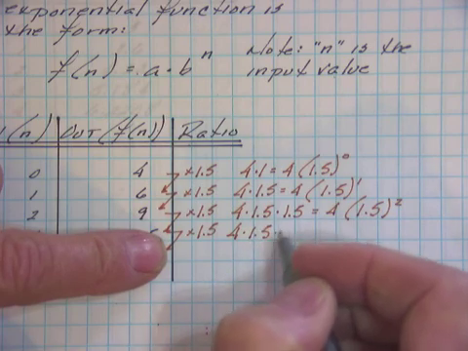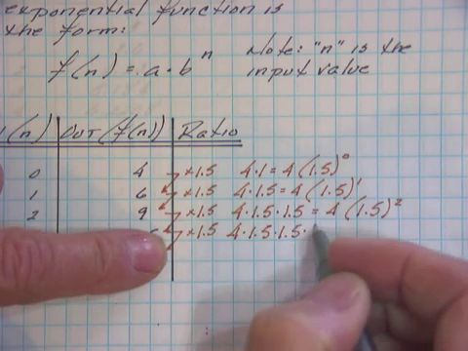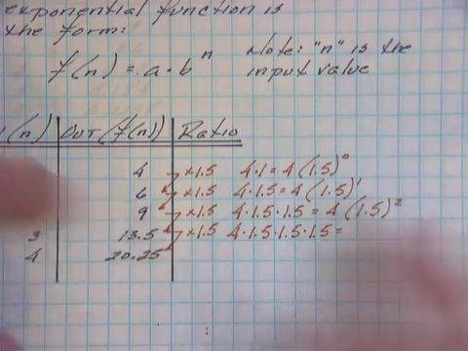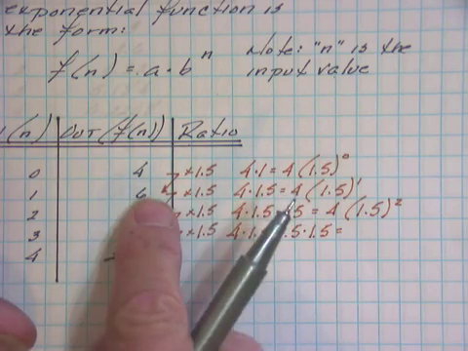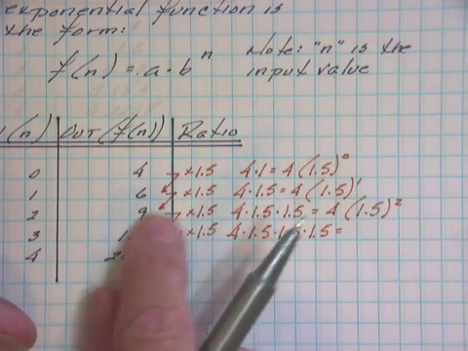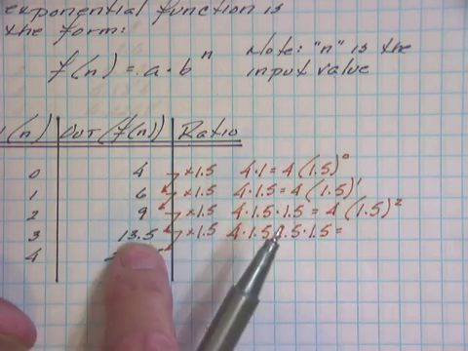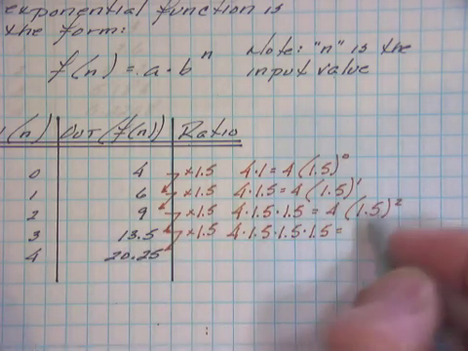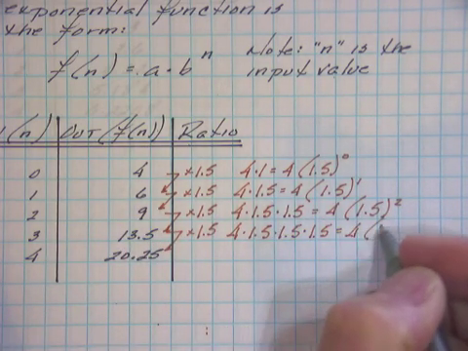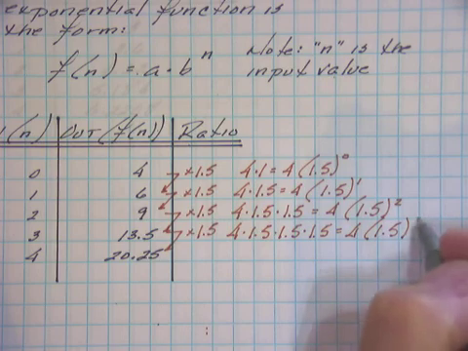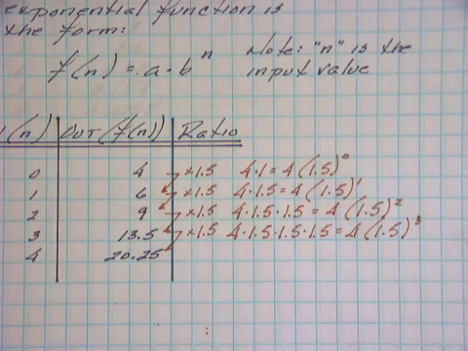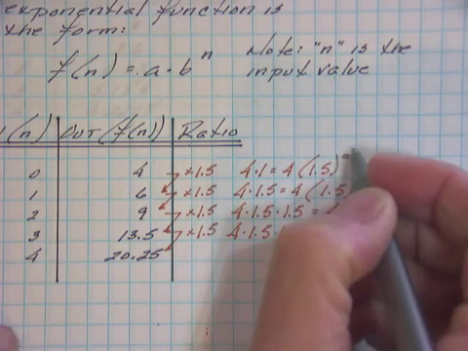And we'll look at the next one the same way. 4 times 1.5 times 1.5 times 1.5, because there's 4 times 1.5 to 6 times 1.5 to 9 times 1.5 to 13.5. And this becomes 4 times 1.5 to the third.